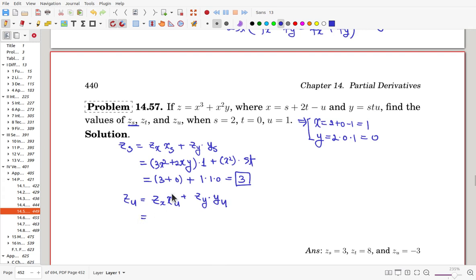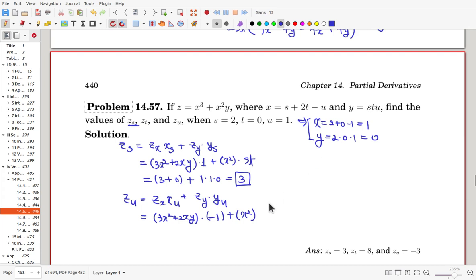But we already know here z sub x and z sub y, and that is 3x squared plus 2xy. You already know that one. The x u derivative, that is minus 1, plus z sub y, that is x squared, we know that, and y sub u.